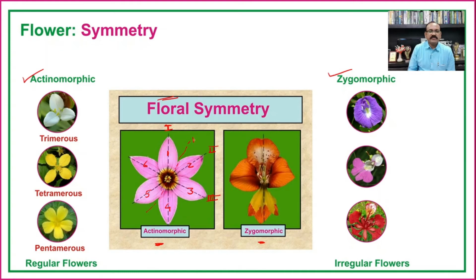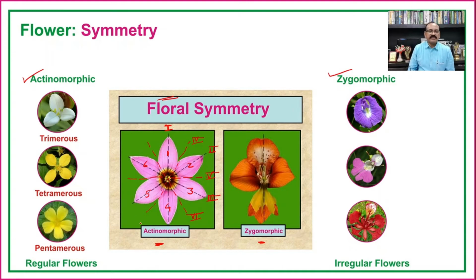So now this becomes the fourth plane, this becomes the fifth plane, and here again the sixth plane. So we can divide this flower through six different planes into two equal parts.